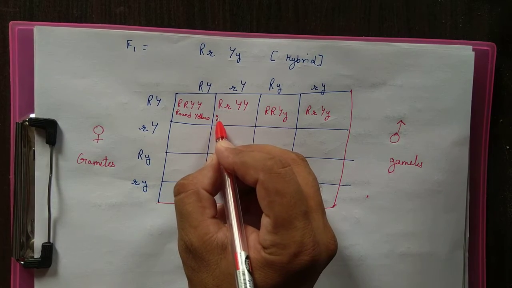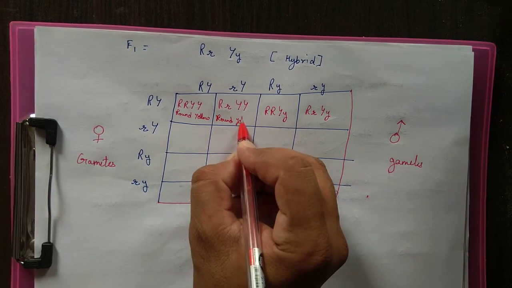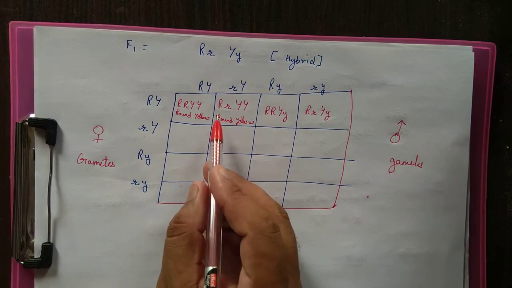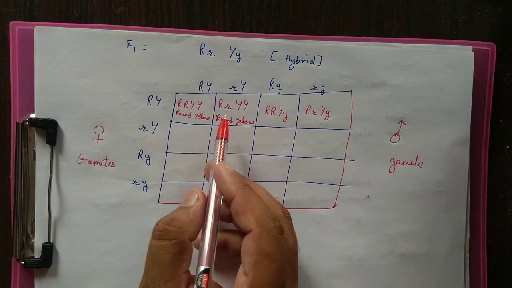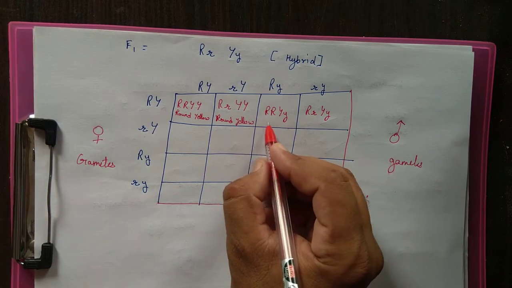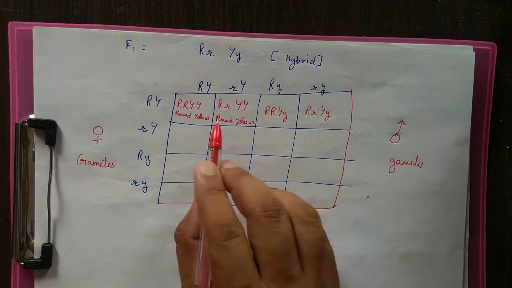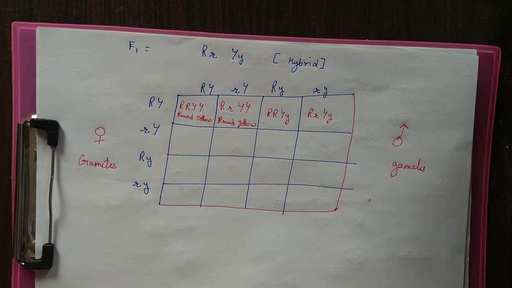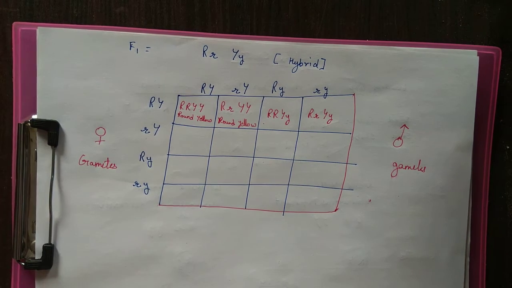This is also round yellow because R is capital for round shape and Y is capital for yellow color. Also here same, and this is also same. So all four are dominant. They are round and yellow.